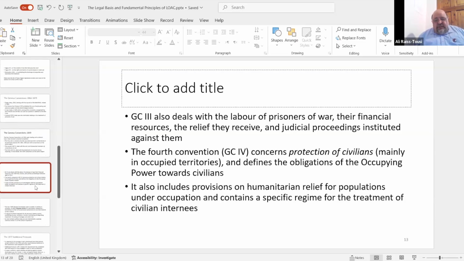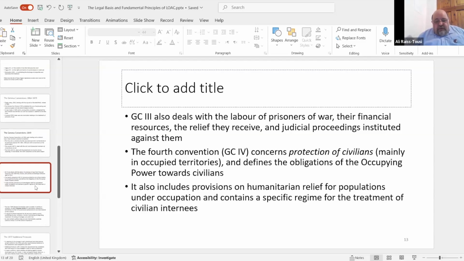At all times, they're entitled to respect for their person, for their honor, for their family rights, for their religious convictions, for their own manners and customs, and their private property rights are also protected.